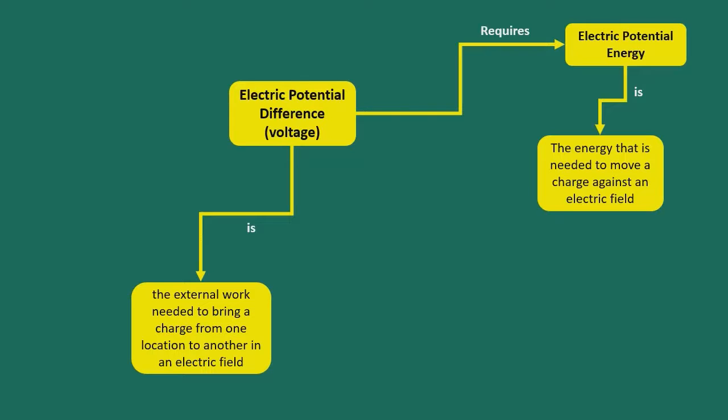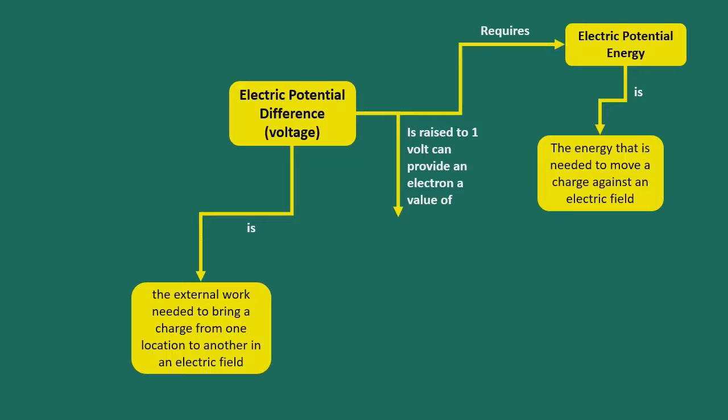So the carrying of that particular charge is carried by what we call the electric potential energy, and that is a requirement of an electric potential difference. So when we speak of the word difference, definitely there is a difference in position of the charge from one location to another location, and that is carried by the electric potential energy.